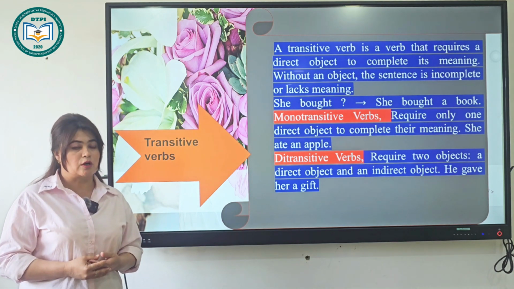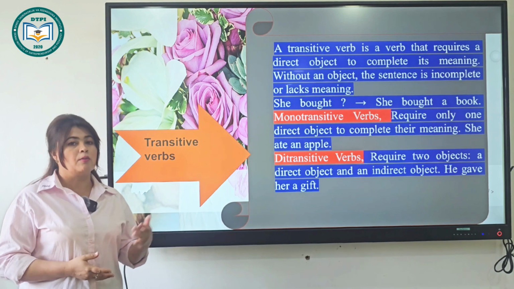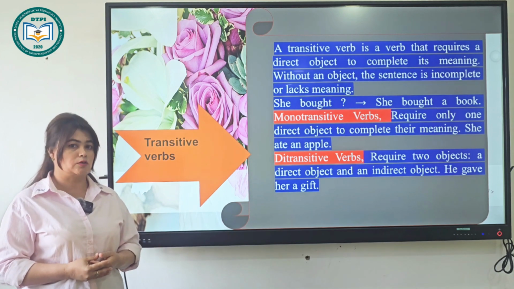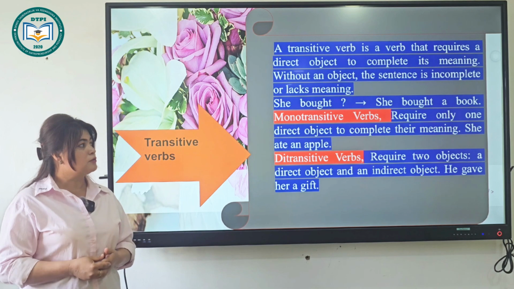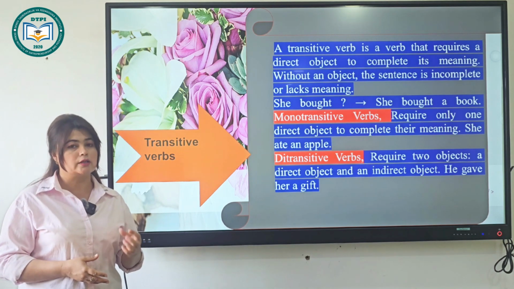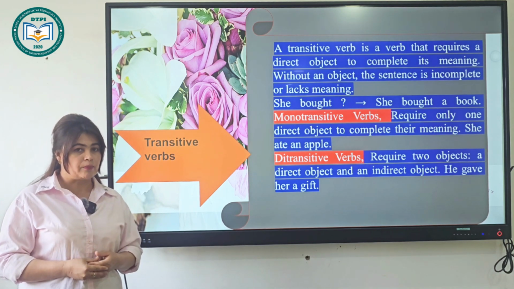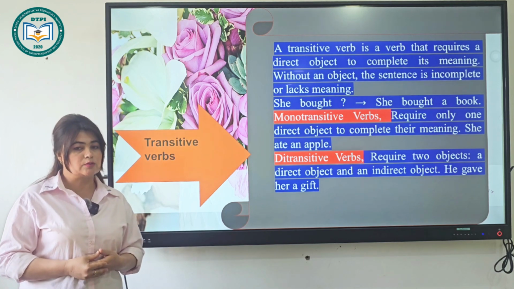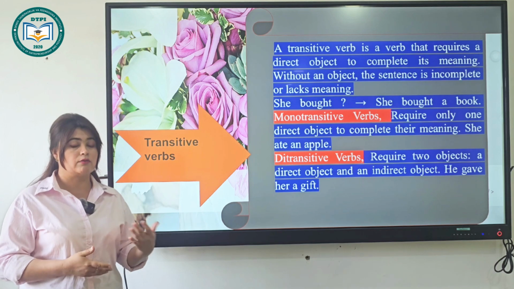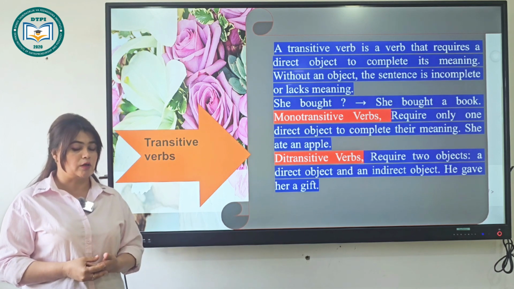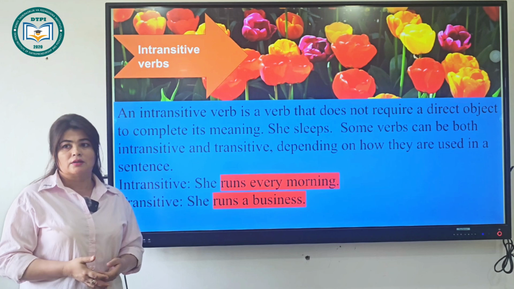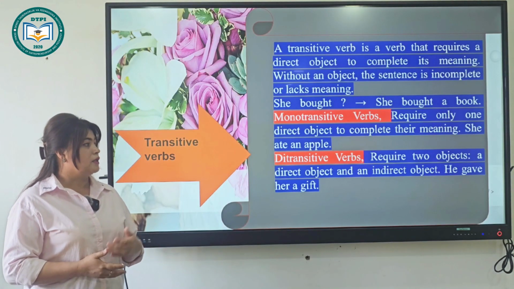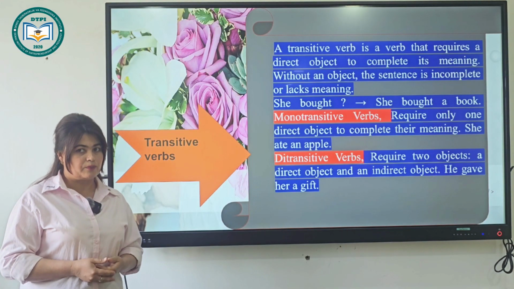There are two types of transitive verbs. They are monotransitive verbs and ditransitive verbs. Monotransitive verbs require only one direct object after them, but in contrast, ditransitive verbs require two objects, one direct object and one indirect object. For example, he gave her a gift.